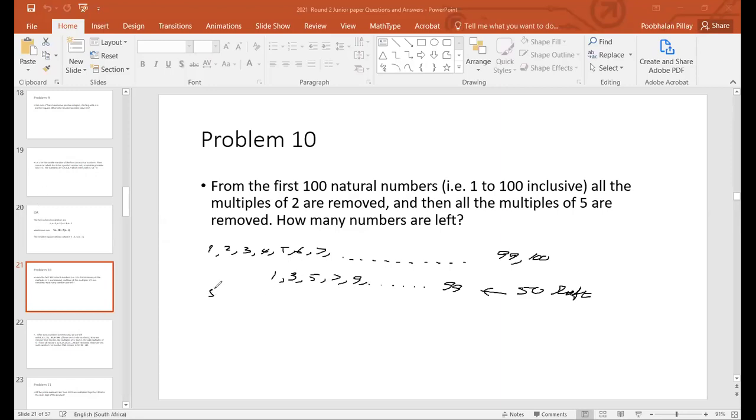Okay, so we have 5, 15, 25, 35, going all the way up to 95. And you can see quite quickly, these are all the multiples of 5 which are removed.